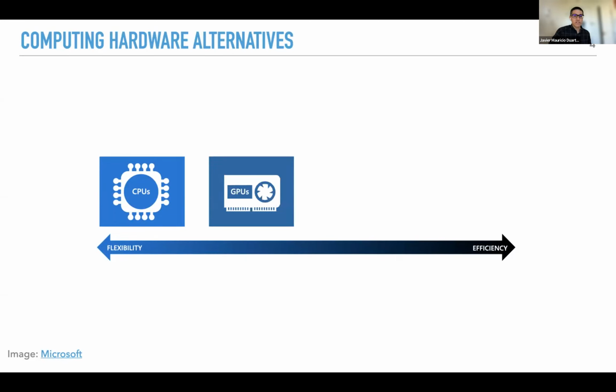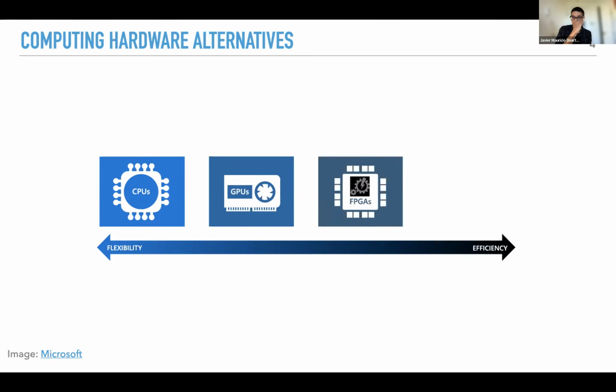To get more efficiency at the risk of lacking some flexibility, we can use very parallelized multi-core processors like GPUs, where each core can do its own arithmetic operation. And we can do this over many, many cores so that we can accelerate big computations this way. This has been very successful for deep learning, where we have to do a lot of matrix multiplications.